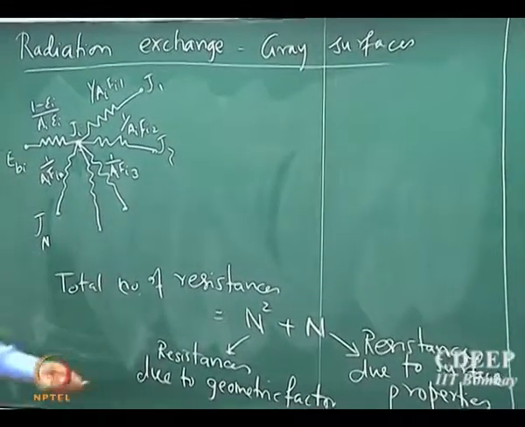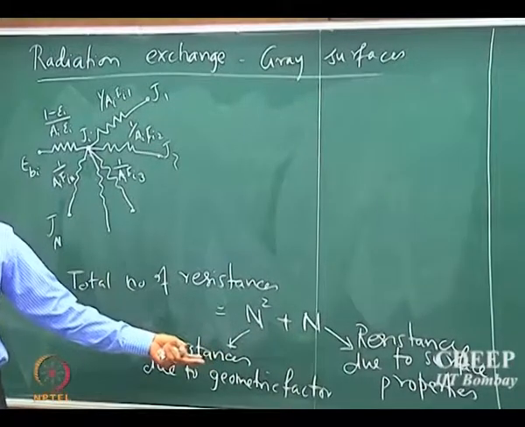So, the total number of resistances is n square plus n.